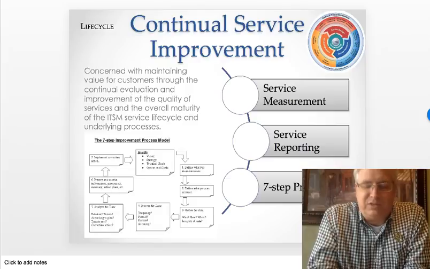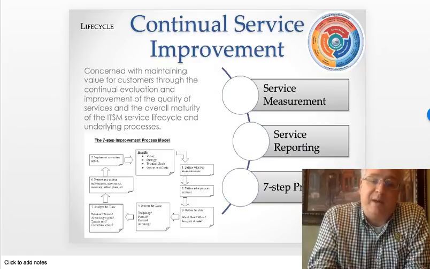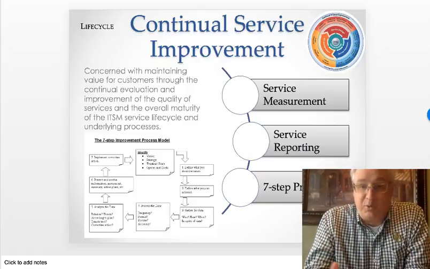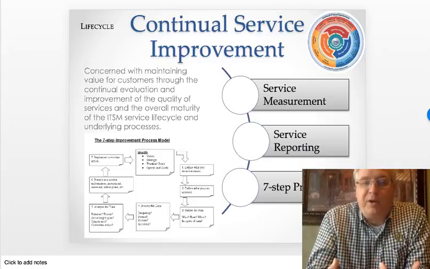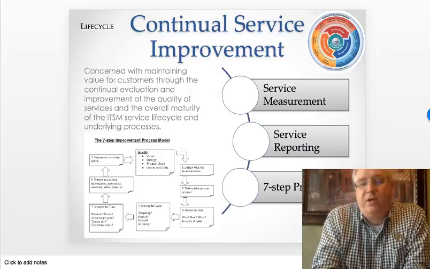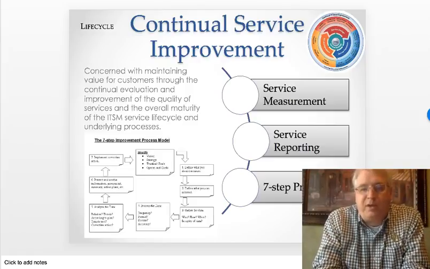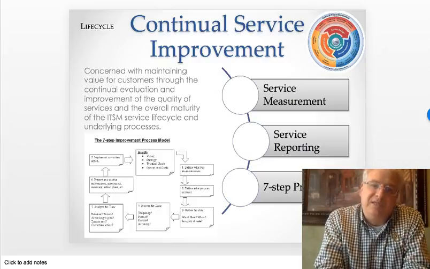It's not specific to information or to ITIL per se, but it's just an idea about how you go about making something improve. It talks about essentially measuring what you can measure, then reporting on those things, and then making an intervention of some sort and measuring again. So it's just a cycle of measurement and reporting and then making a change to try and make that better. Those are the pieces around continual service improvement.